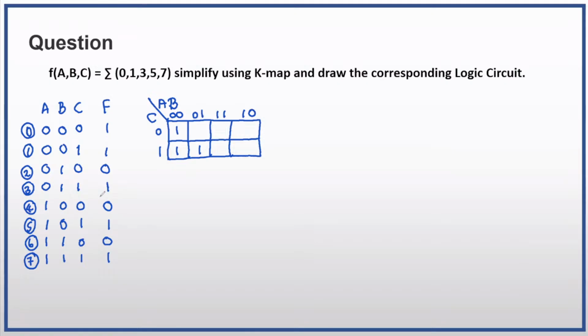And 101 also 1. And then the final one, 111, is also 1. We can keep it in the corner like this. Then the others will be zeros.